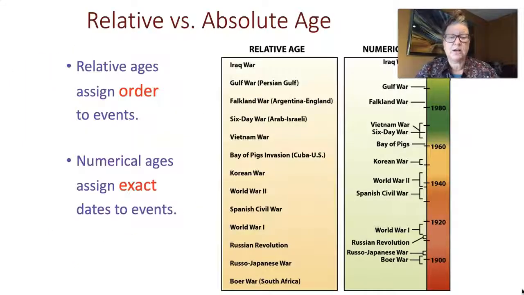So just to get started, I wanted to say something about the difference between relative and absolute age, because I know you looked at some geologic time discussions, and I didn't really touch on this topic. So relative age in geology is assigning an order to various events. Certain things happen earlier than others, or certain things happen later than others. For example, I could tell you that I'm older than my brother, but younger than my sister.